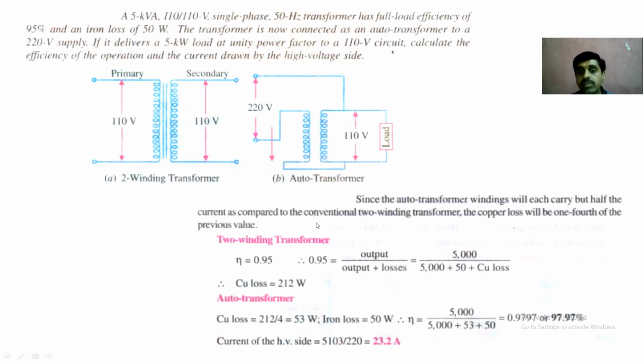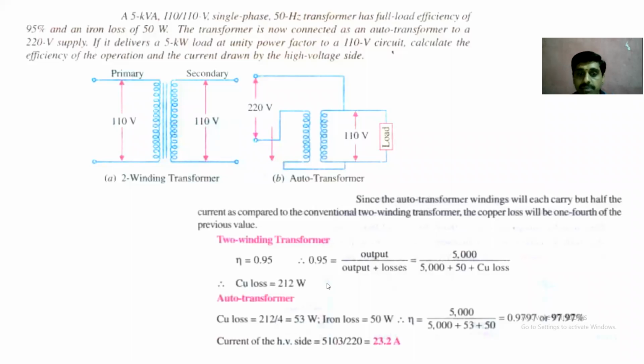So from this efficiency we calculate the copper loss. If you observe here, this is in watts, this is in kVA. How to write kVA and these watts in this formula? When nothing is mentioned, you have to take the power factor as unity. So you can take VA cos phi as 1, then it will also be in kilowatts.